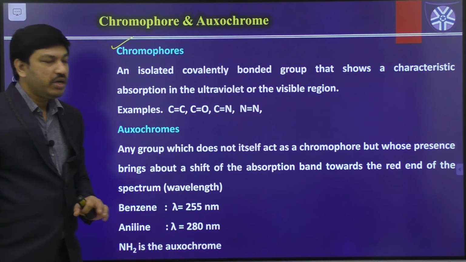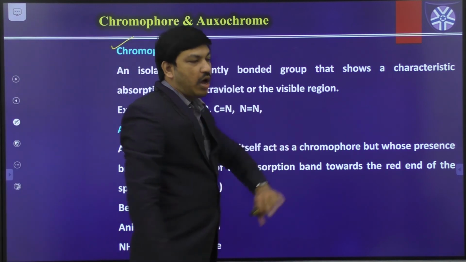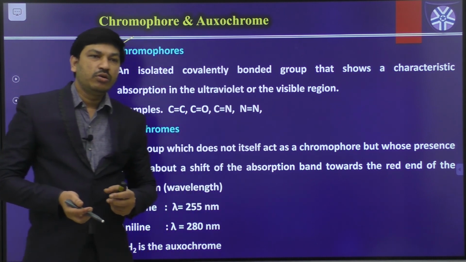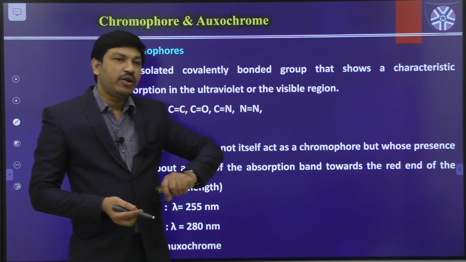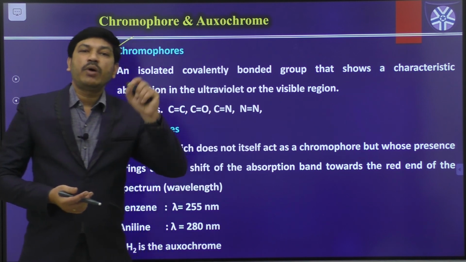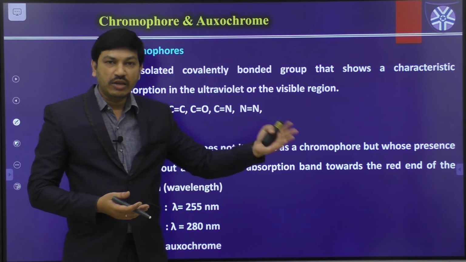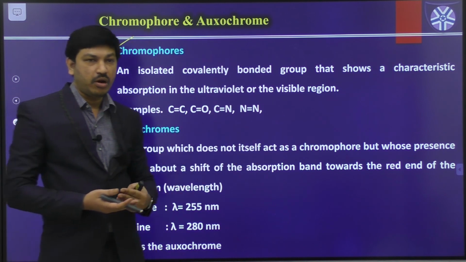So chromophore means, if you take any organic molecule or any molecule, in that particular molecule we are getting an absorption spectrum mainly because of one particular transition. We have seen what the possible electron transitions are in a given molecule, depending upon the type of molecule.